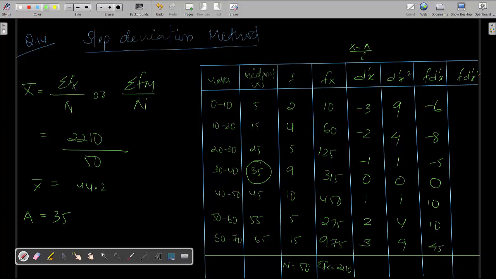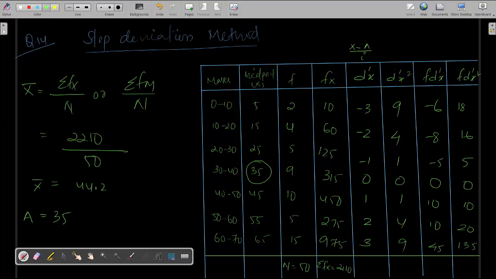So f into d dash squared. Here f is 2, 9 2s are 18; 4 4s are 16; 5 into 1, 5; 9 into 0, 0; 10 into 1, 10; 5 into 4, 20; 15 into 9, how much is 15 into 9? 135.